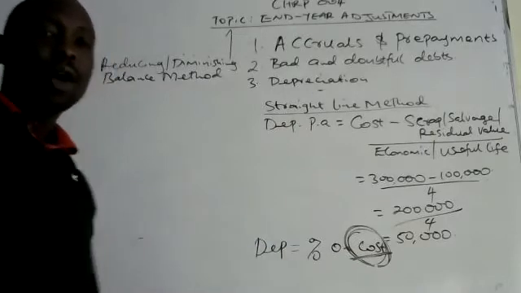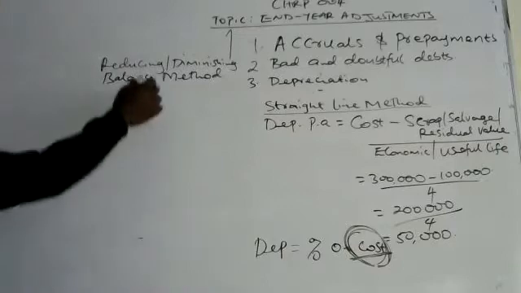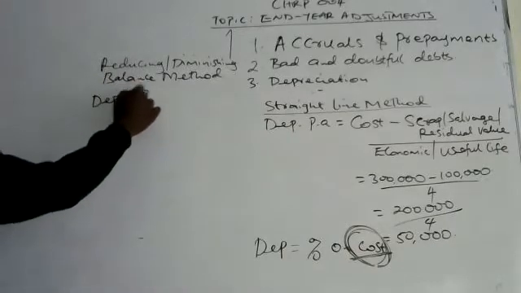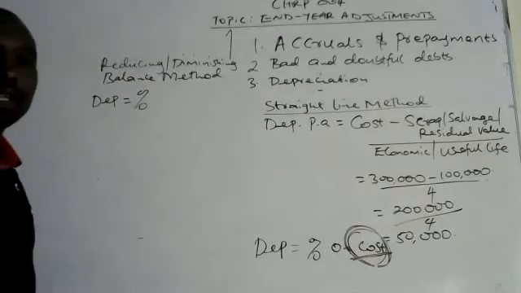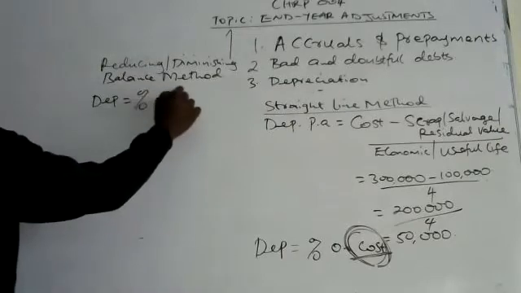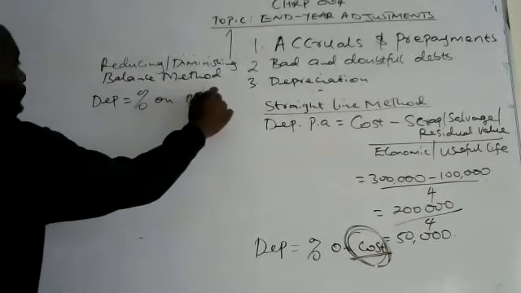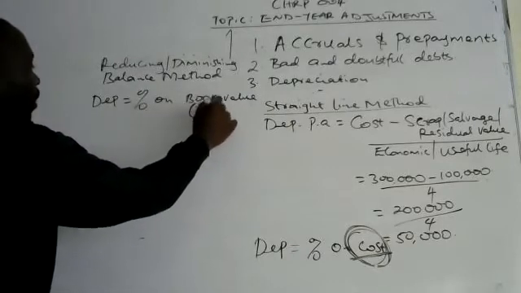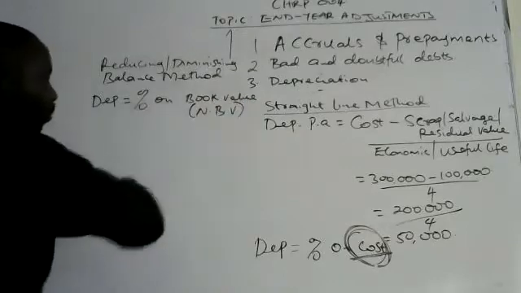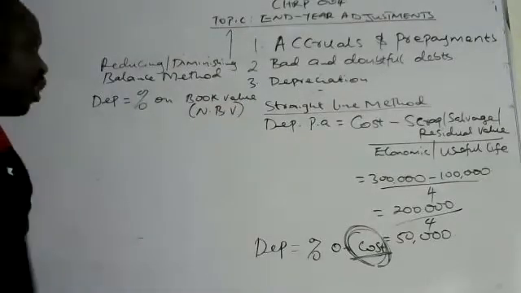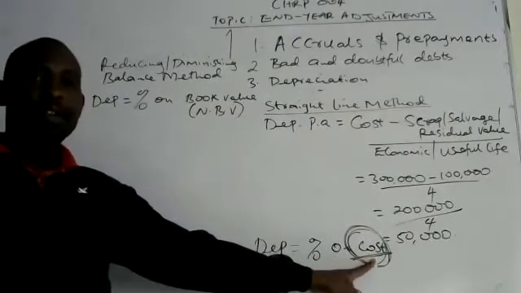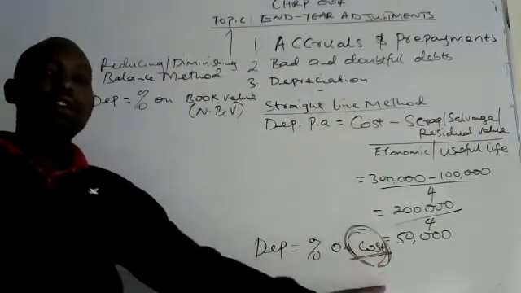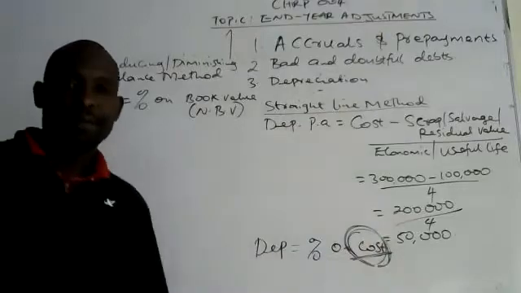And the reason is because depreciation here is normally given by a certain percentage on what we call book value or net book value. Depreciation is not on cost. The straight line one remains uniform because the depreciation is on cost and the cost is constant.